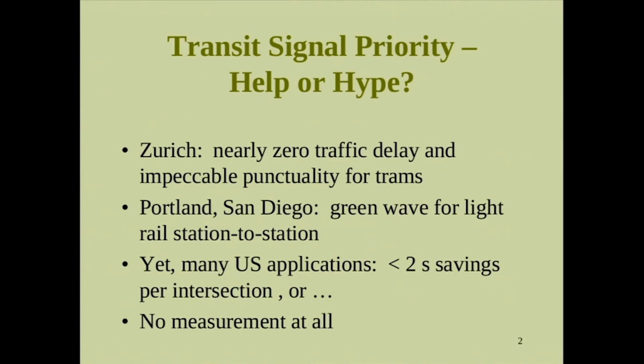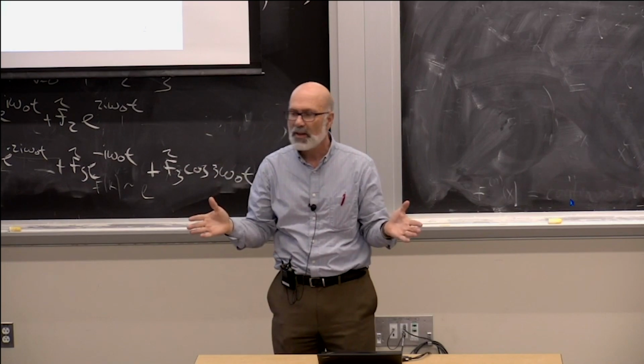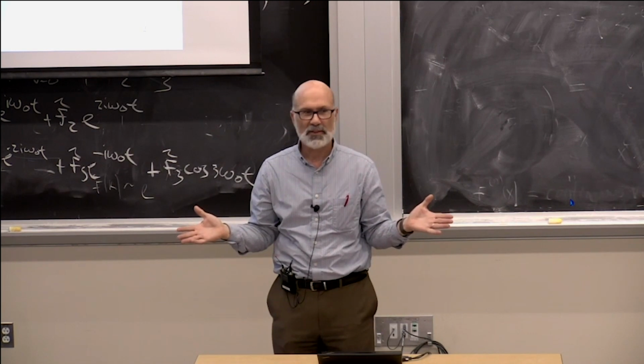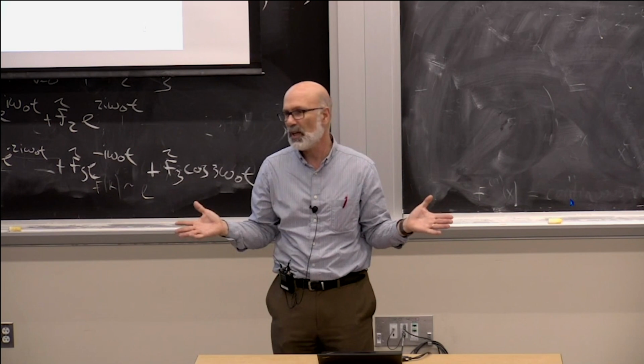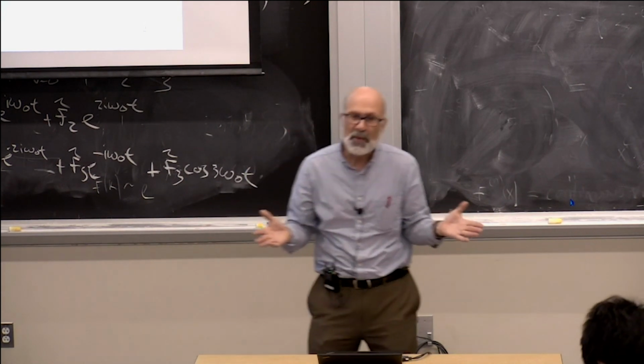But then we come to applications of transit signal priority in the US. You hear these great pronouncements, oh, we're doing transit signal priority. But when you look into it, there's almost no benefit. Sometimes they're saving the bus 2 seconds per intersection or less. Often they're not measuring at all.